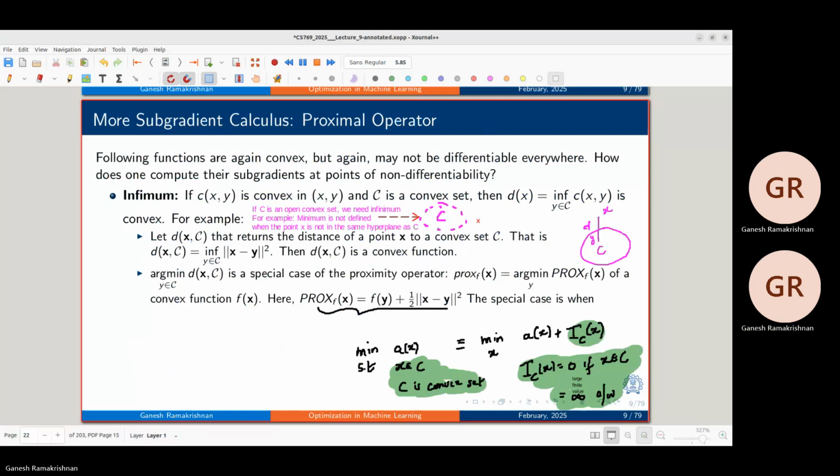The special case is I_C of X, which is 0 if X is in C, and infinity otherwise.